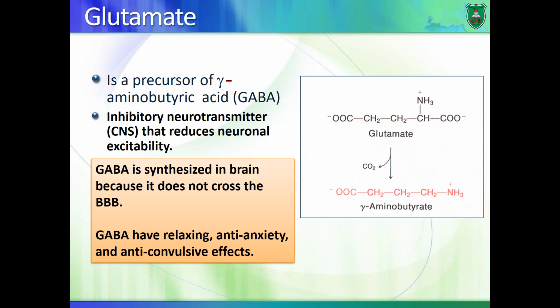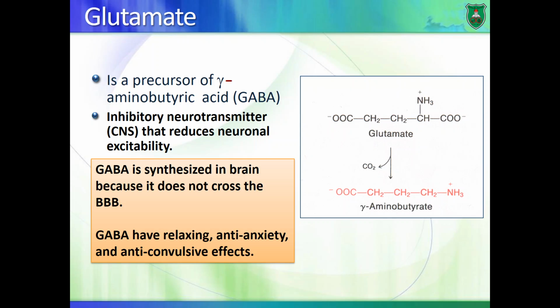Glutamate is a negatively charged amino acid. It can be converted into a neurotransmitter known as gamma-aminobutyrate, abbreviated as GABA. GABA is an important inhibitory neurotransmitter.